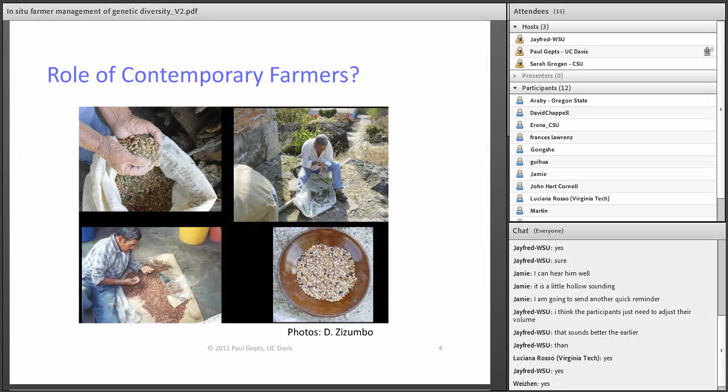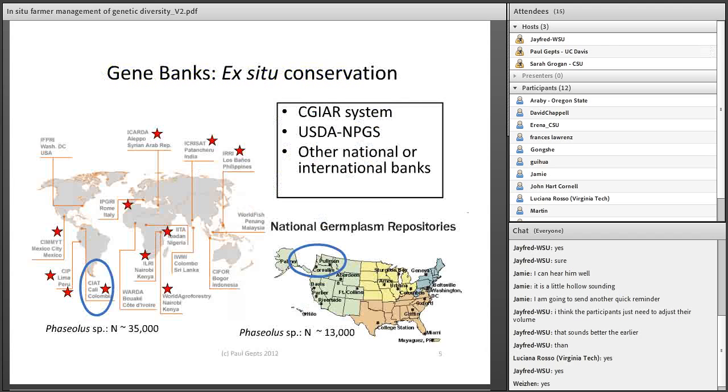But I think that we can look actually at the role of humans contemporarily, and then try to make some inferences as to what the selection process might have been several millennia ago. But also it has an importance today to look at the genetic diversity of the seed stocks managed by farmers, and in terms of in situ conservation.